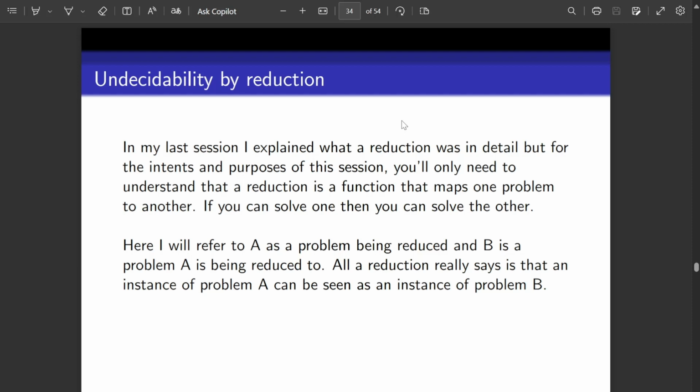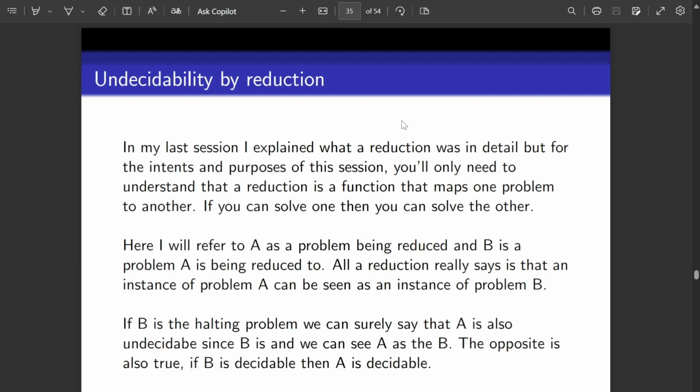All a reduction really says is that an instance of problem A can be seen as an instance of problem B. So if you have a problem A, you can translate it into a problem B. If B is the halting problem, we can also say that A is undecidable, since B is undecidable.